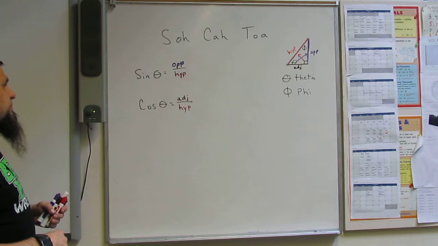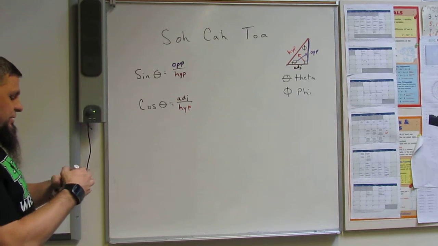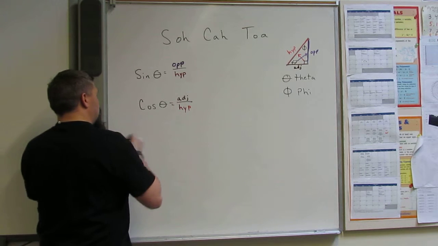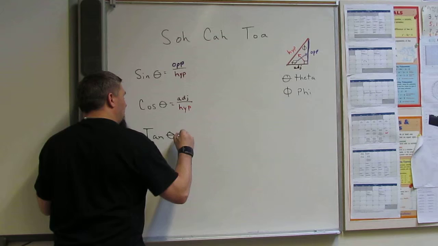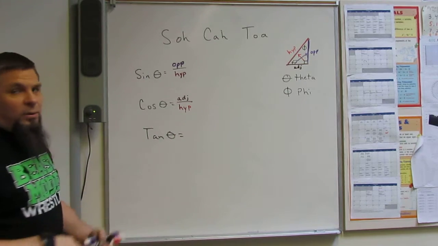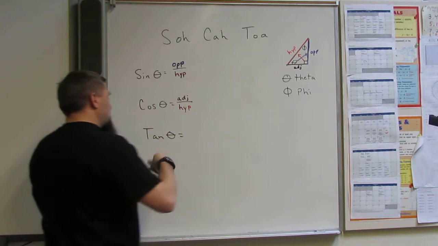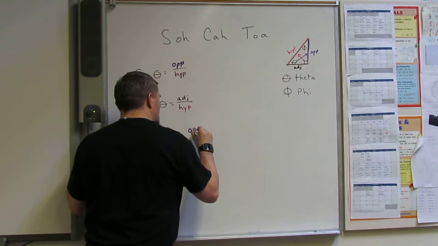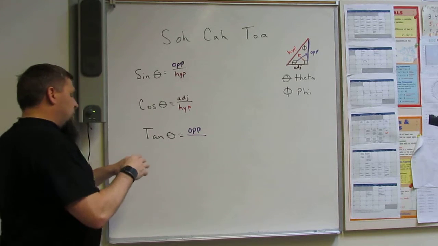And then we have tangent. Tangent theta is equal to TOA. TOA is the opposite divided by the adjacent.